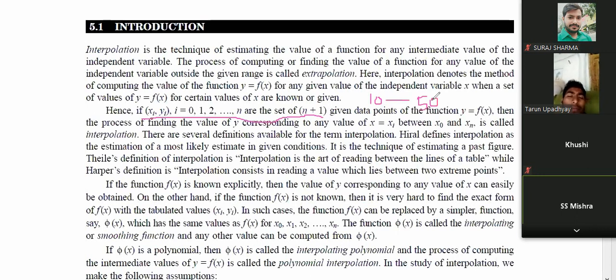I am not talking about this as a domain and range. This is simply the extreme values 10 and 50, where a is 10 and b is 50, so you can write the interval as a to b.